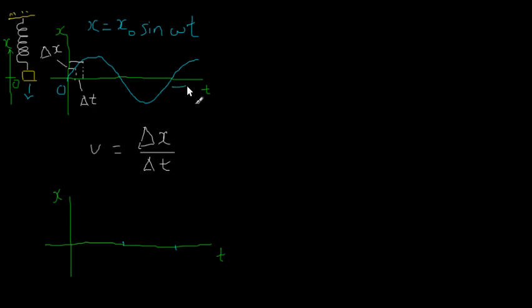That's the time for one period. At this point, where the gradient of the displacement time graph is horizontal, the instantaneous velocity is 0. Because the gradient is 0, the velocity time graph would have a point here for 0 velocity, and down here the gradient is horizontal again, so the velocity is 0 again.